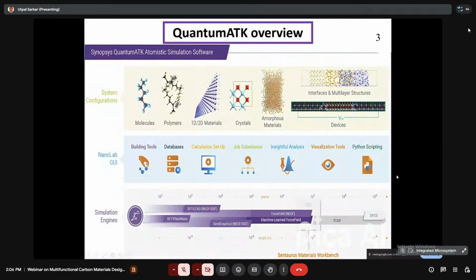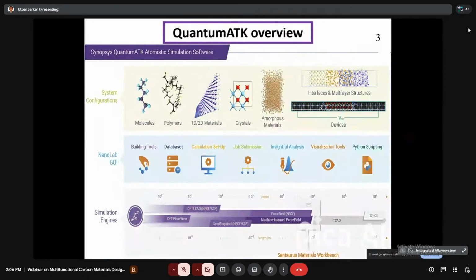Okay. So QuantumATK software is basically a complete software in my opinion, and in this software the main functionality is divided into two parts. One is the calculation level and another part is the GUI. GUI is a very strong point of the ATK.